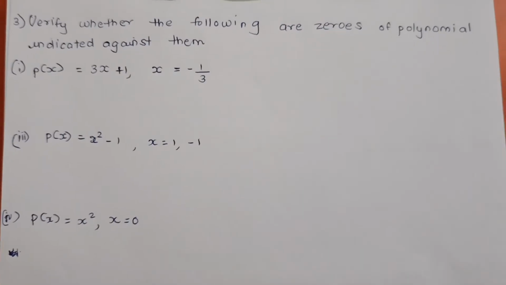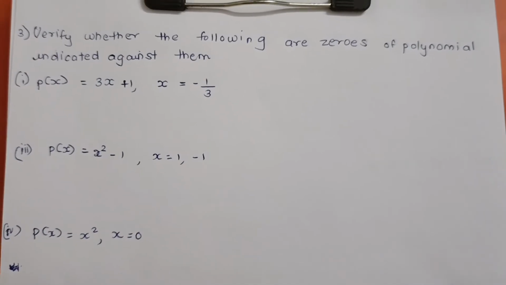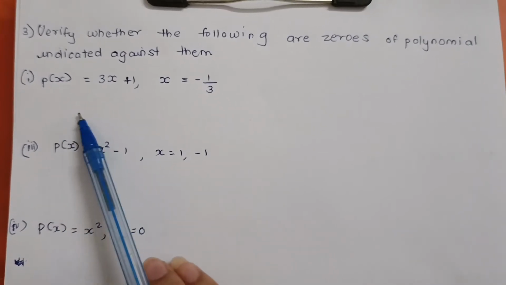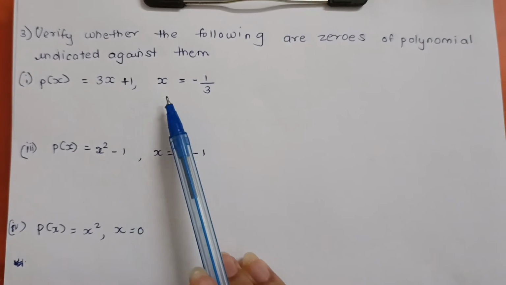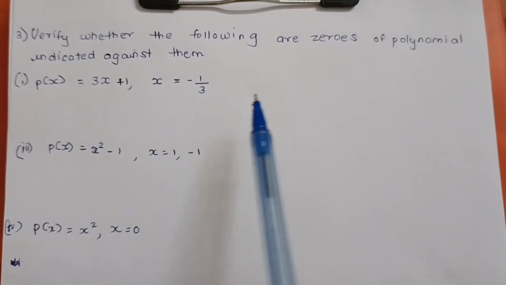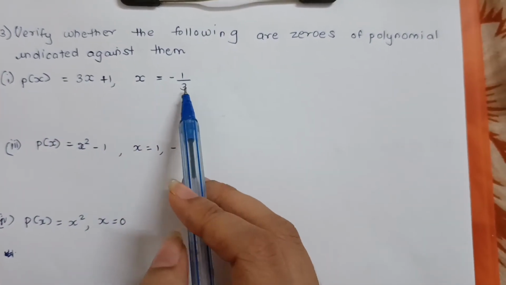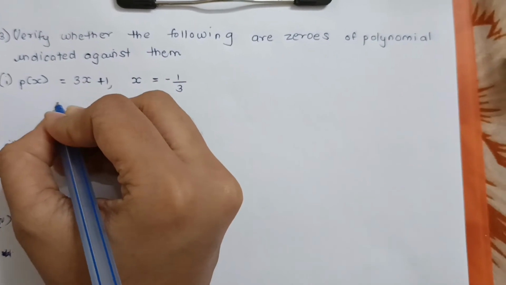Question 3. Verify whether the following are zeros of the polynomial indicated against them. First, P(x) is equal to 3x plus 1 and the x value is minus 1 upon 3. So we will substitute the x value, that is minus 1 upon 3, in this expression.